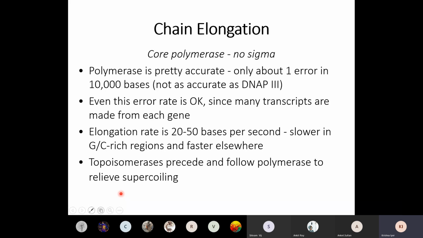Remember, as the polymerase is moving, the DNA in front has to be unwound. So you have to use topoisomerase in one way, and then after polymerization is done and the DNA is left, it has to be recoiled back. So the topoisomerase will work in the exact opposite way, and the DNA will be back to its normal after the polymerase has passed through that region.